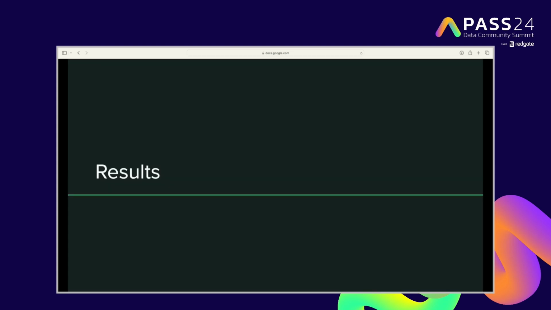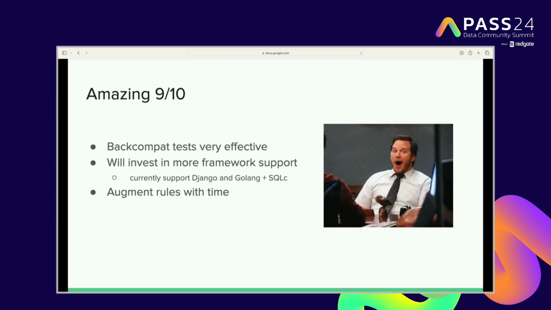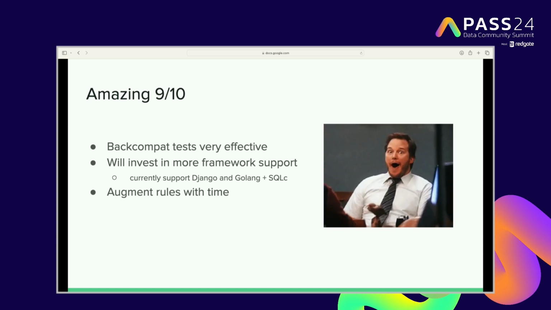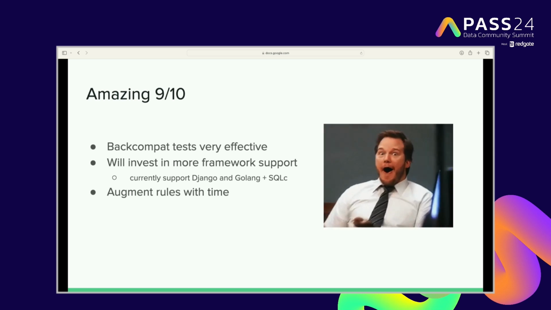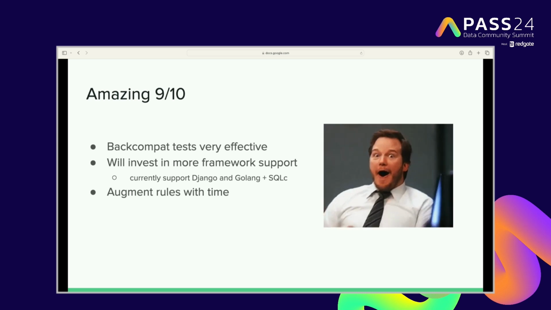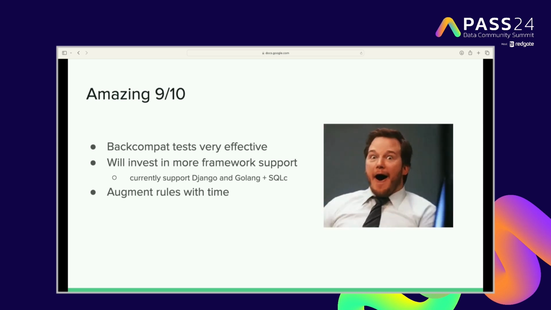So we built this whole simple test suite. We deployed it across all of our microservices. And the results have been pretty good. We've had almost 0 issues with backwards compatibility. It's been pretty effective. And we're going to invest in more framework support because what we built has integrations with our ORMs.